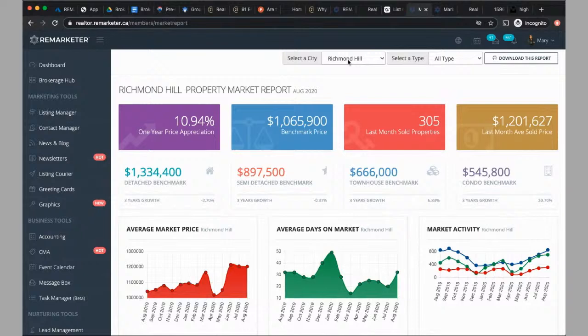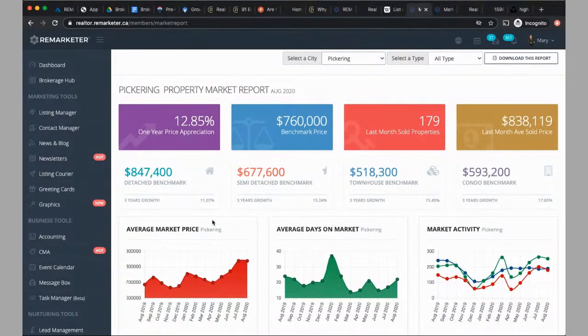Now, if I go across the GTA, and let's say I take a look at Pickering, for instance. In Pickering, you can see that the detached properties are benchmarked at much less than Richmond Hill, $850,000. However, the 3-year growth has been 11%, and the semi-detached properties about 15%, townhouses 15%, and condos 17%.